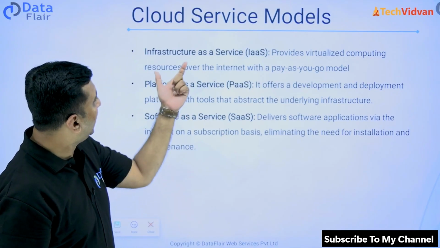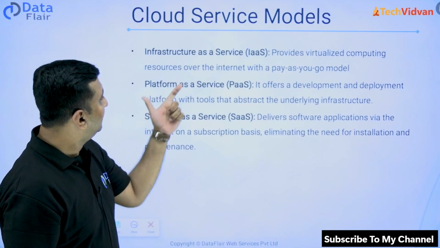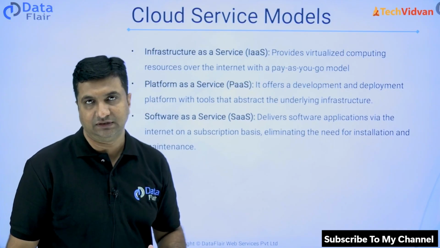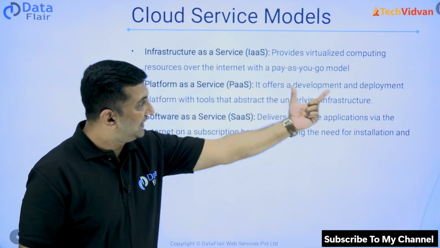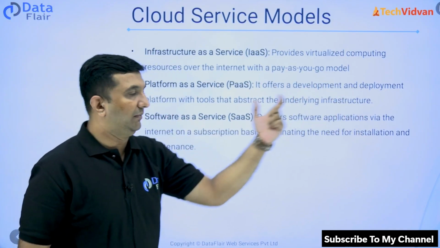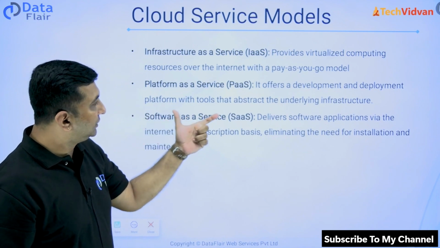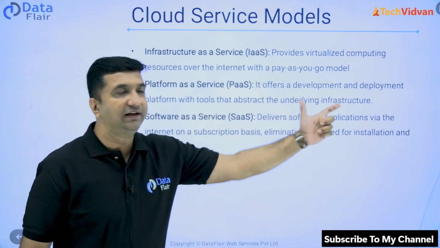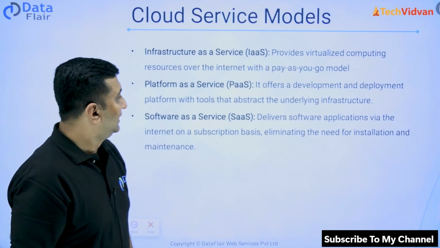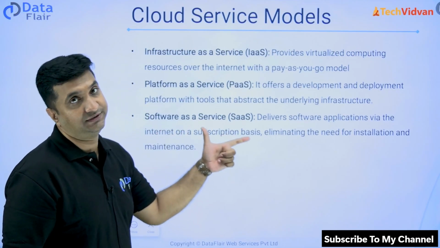So here we have infrastructure as a service. We talk about platform as a service. Basically, it offers the development and deployment platform with tools that abstract the underlying infrastructure. Then lastly, we have software as a service.